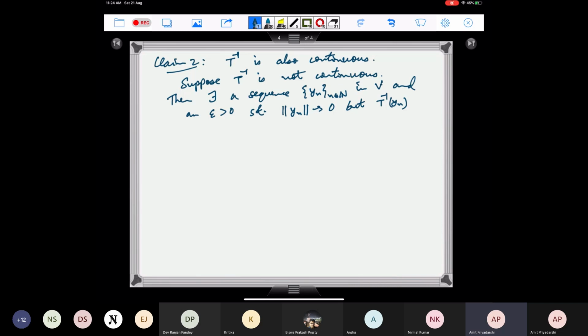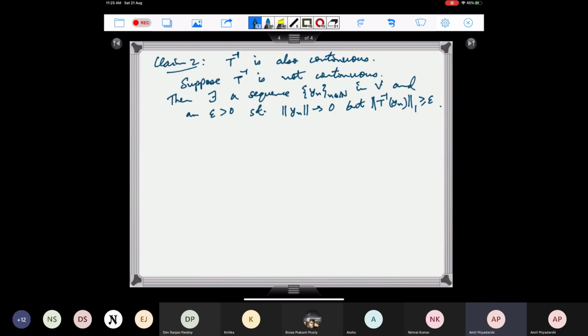So I can find an epsilon such that the L1 norm of T inverse yn is bigger than or equal to epsilon. This just follows from the fact that T inverse is not a bounded linear operator.